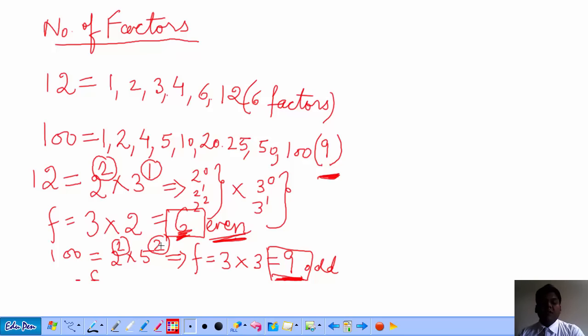Now if these evens are increased by 1, they will give you odd, and the product of odds will always remain odd. So that's why I can say, very important point, a perfect square will always have an odd number of factors. Do remember that point. Very, very important point. Right? A perfect square will always have an odd number of factors.